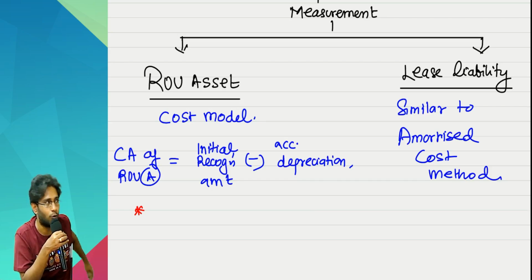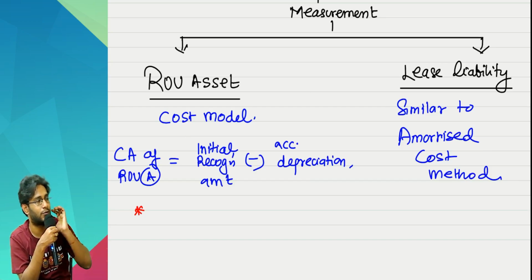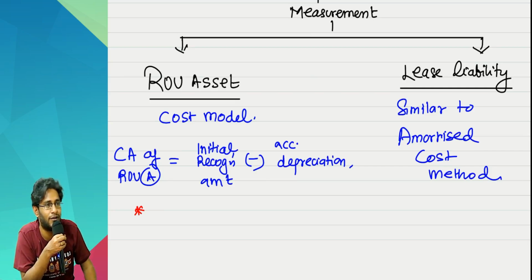Should the asset be depreciated over 10 years, or over 40 years? So what do you feel? The lease period is how much, sir? 10 years. So ideally you should depreciate it over 10 years. The standard language is that the asset must be depreciated over the expected period of usage. Then that is the lease period only, no? Where is the uncertainty in this?